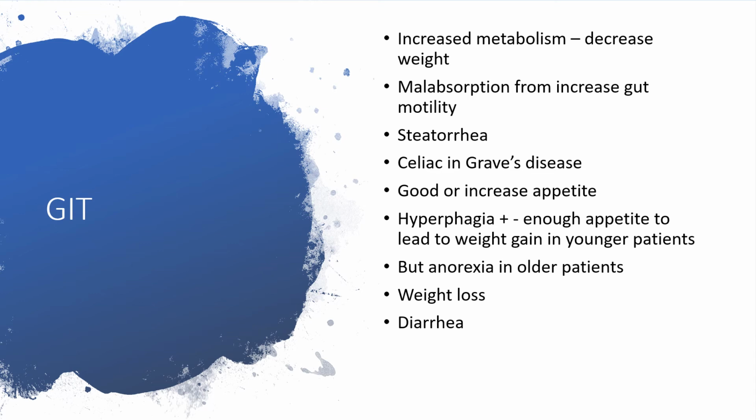Here, there's possibility of malabsorption because there is increased gut motility. Of course, that will lead to steatorrhea, right? And celiac disease is possible in the face of Graves' disease. Remember, I've said it. Graves' disease is the commonest cause of hyperthyroidism.